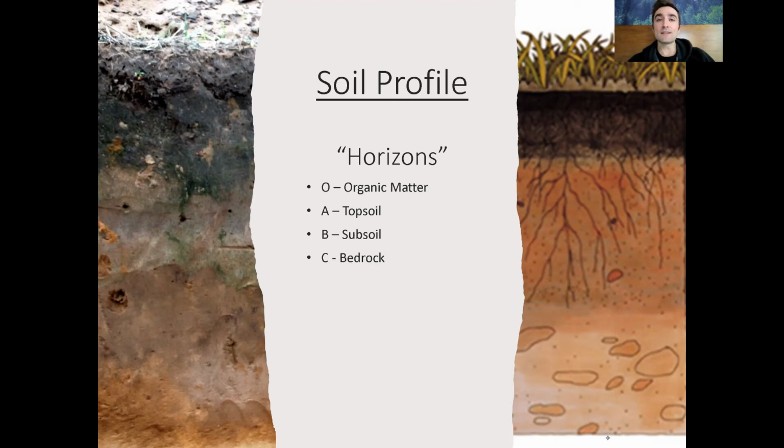So in a day's time, you can come and kick it with your shoe and you can get rid of 1 inch of topsoil, and you just got rid of 1,000 years of progress. So when we think about soil as a resource, there's a question, is it a renewable resource or a non-renewable resource? And the answer is it's kind of both.